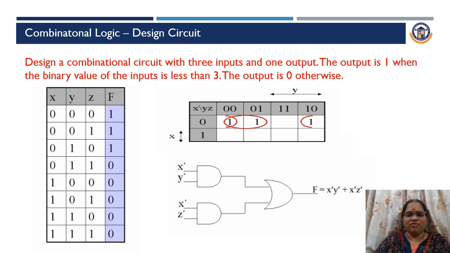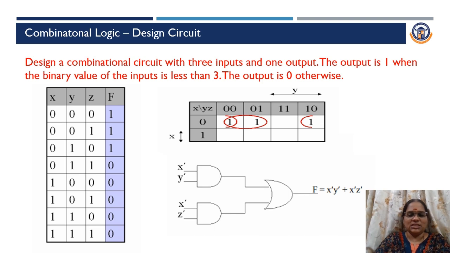Once the output is defined, you can simplify the truth table by means of a K-map. We have 3 variables, so draw a 3 variable K-map. Enter the values corresponding to the output in which the combination is 1. When you observe the K-map, we get a simplified expression. We have 2 pairs. This is one pair formed, and this is another pair formed.